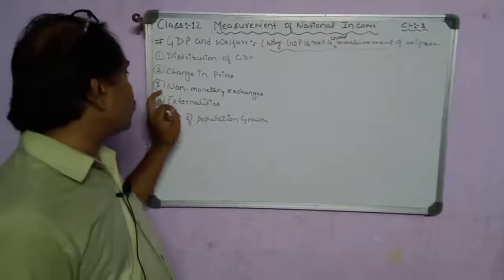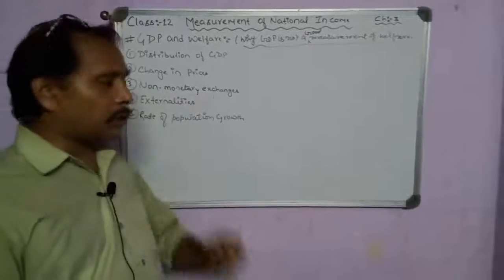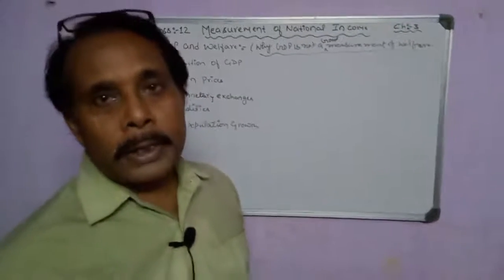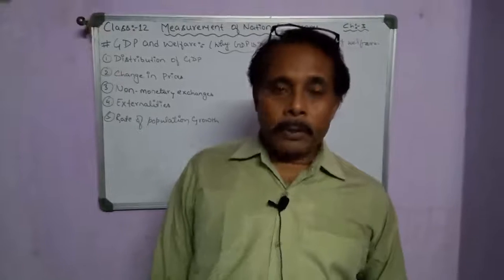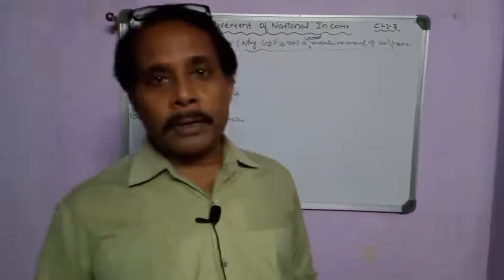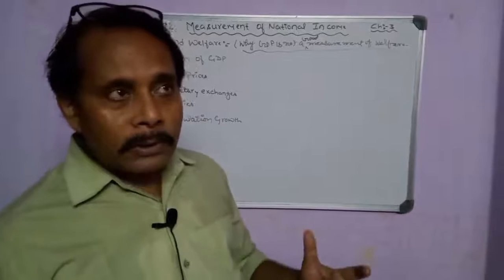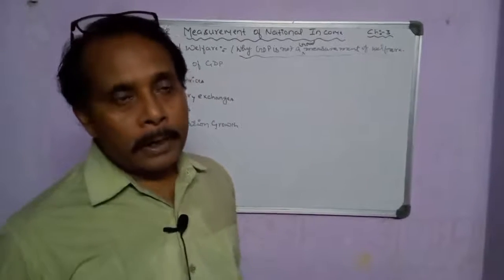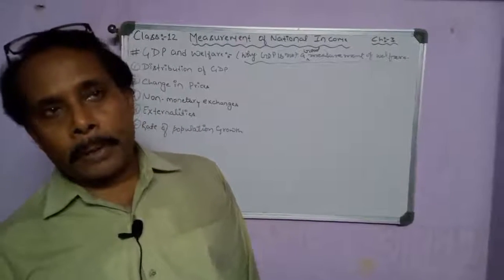Third is the non-monetary exchange. Non-monetary exchange will not be included in GDP because there is no perfect data on how much is the monetary contribution of these people. Here we will take some examples.